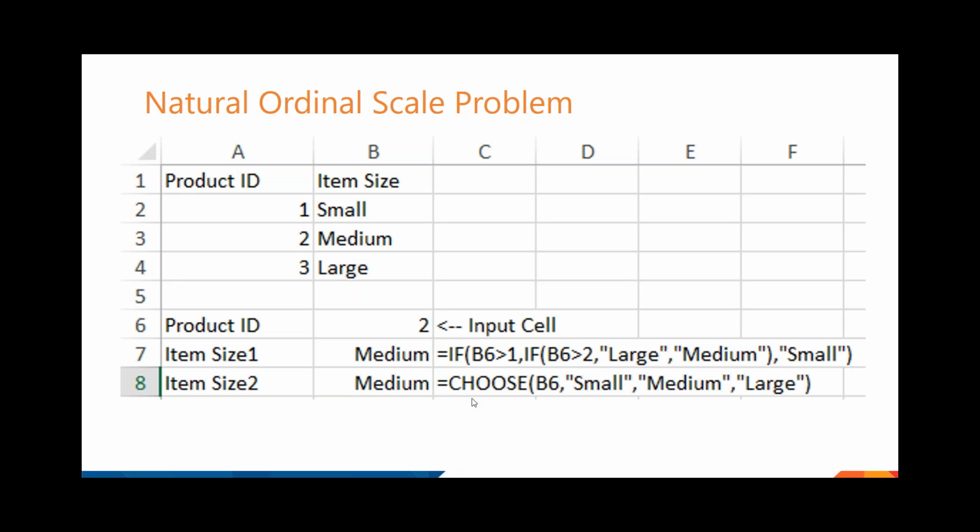For those of you who are new to choose, it works like this. The first argument is going to take an index, so in this case 1 through 3, and then you have given 3 items after that. So it knows that if you put in a 1, it's going to return a small. If you put in a 2, it's going to return a medium. Put in a 3, it returns a large. Notice how 1, 2, 3 in our minds matches much better with small, medium, large than this nested if.